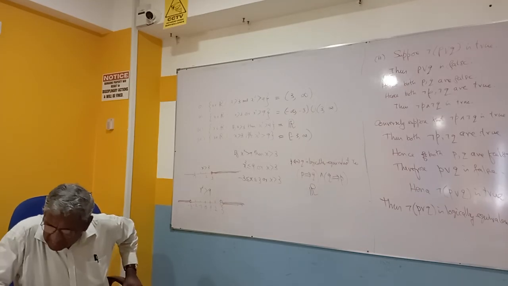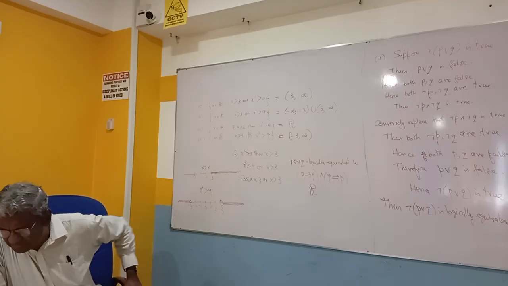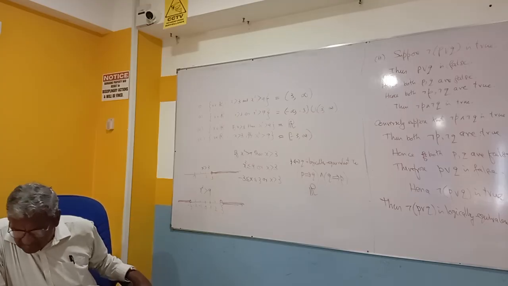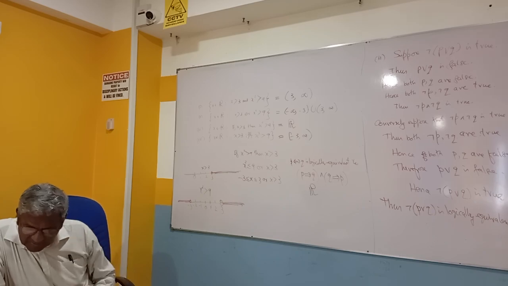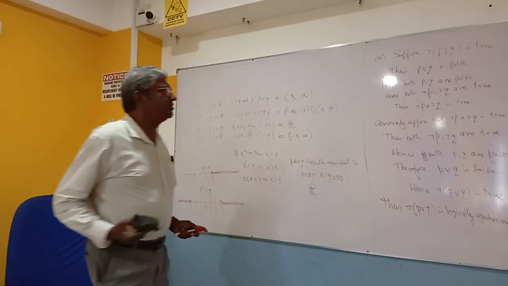A tautology is a compound statement whose truth value is true for all assignments of truth values to its simple statements. It's good for us to know.